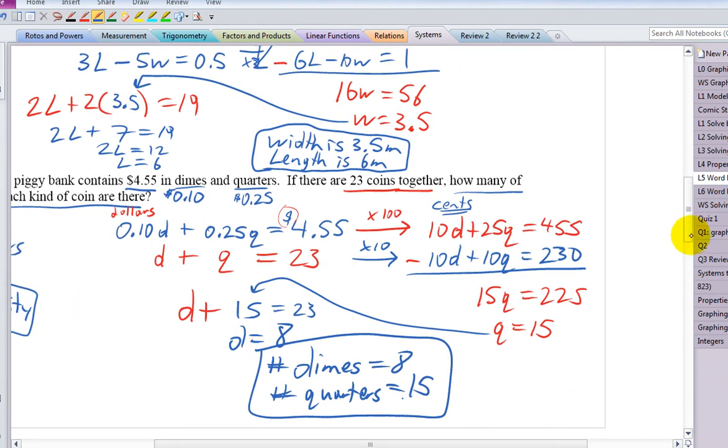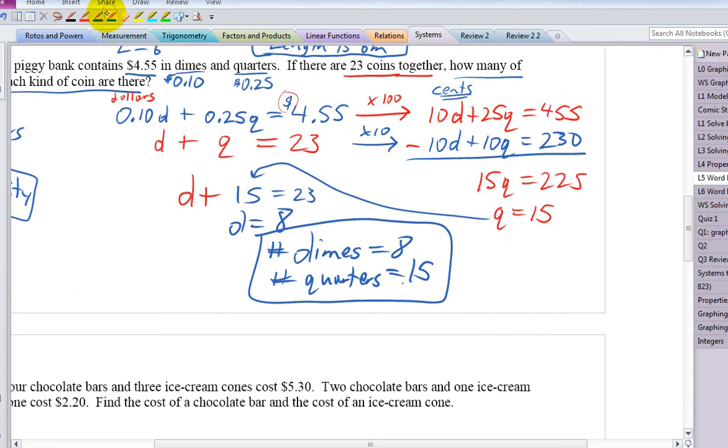Okay. Now, stop. One thing that happens, if we had switched these equations, you would have got negative 15Q equals negative 225. Is that an error? Why isn't that an error?